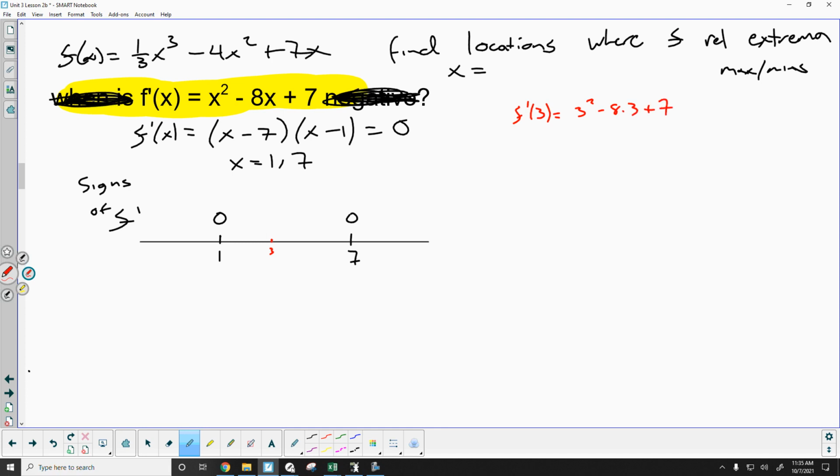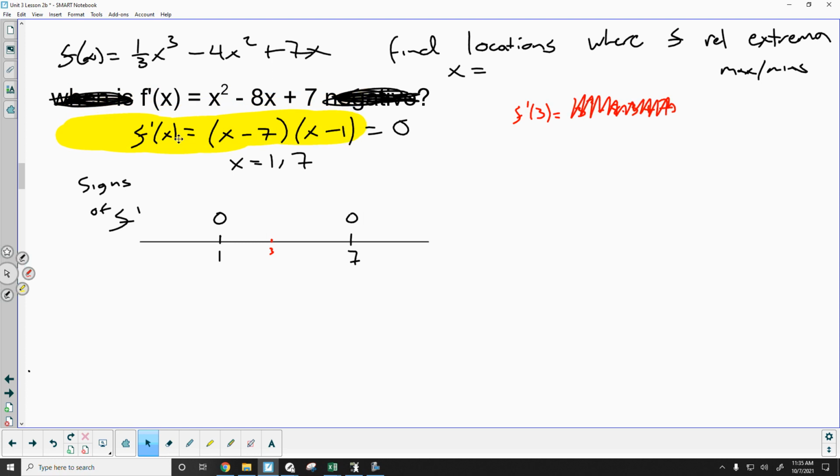Were you guys all thinking to do that? Oh, you weren't. Well, nice. But that involves some arithmetic, and I'd like to do as minimal arithmetic as possible. So actually, I'm not going to plug it into that f prime, because I have a simplified f prime. I have a factored f prime.